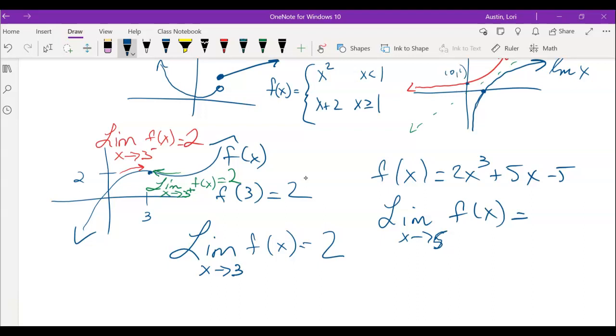I don't need a graph. I can plug it in. What's that limit going to equal? It's going to equal 2 times 5 cubed plus 5 times 5. We've got to do a little math here. We can do this one in our head. It'll wake us up. 5 cubed is 125, correct? 125 times 2 is 250.